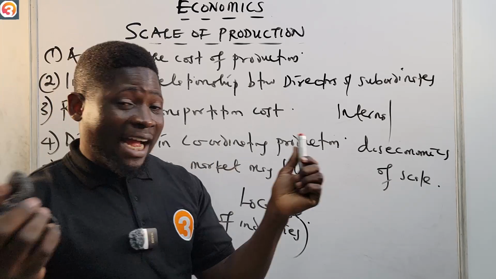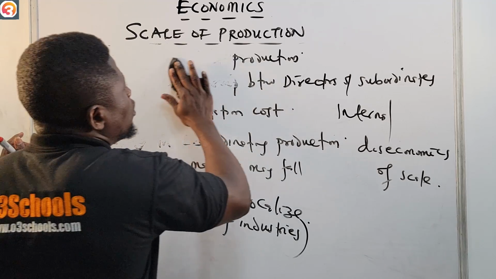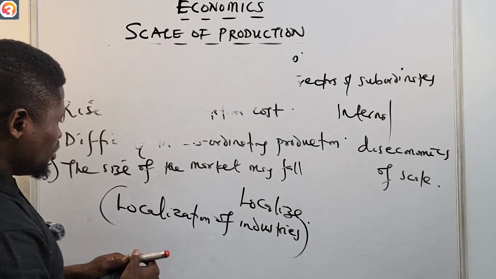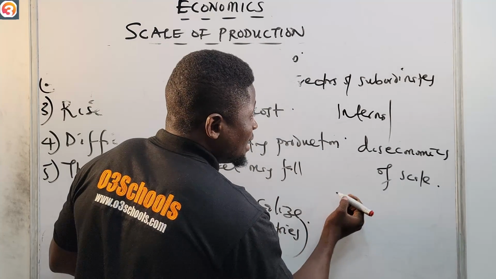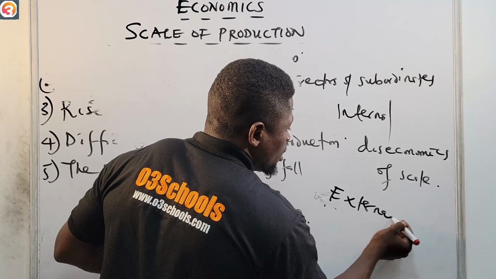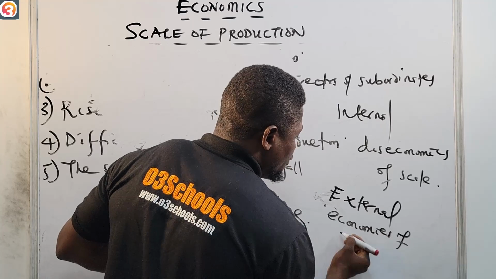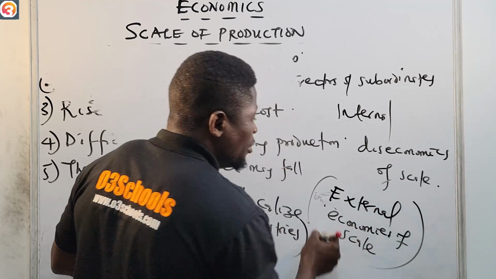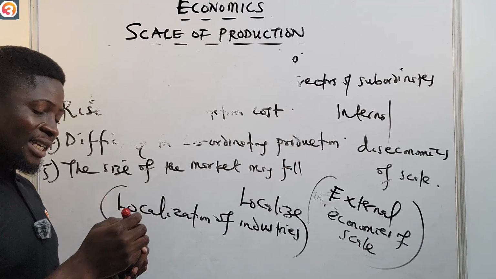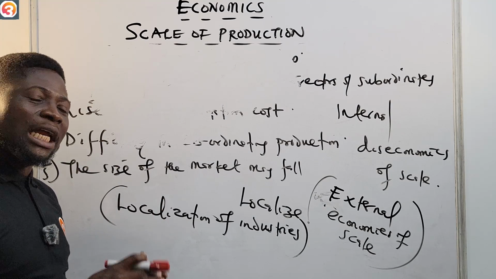And these advantages are not far. Let us see some of them, some of the advantages that they enjoy. We call this external economies of scale, which are cost-saving advantages that firms enjoy when they localize.